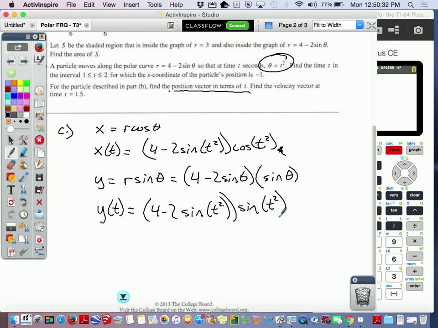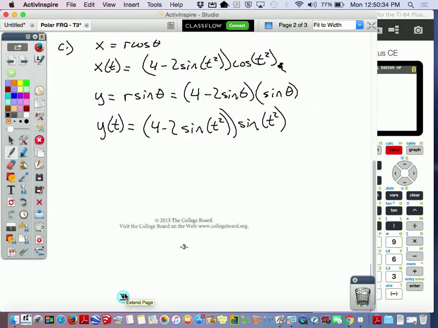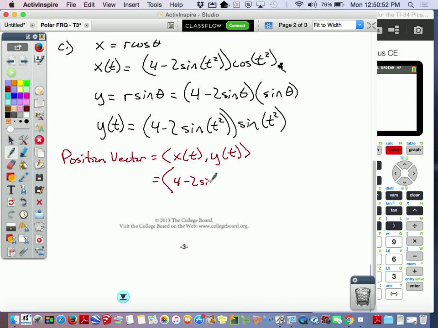So our position vector, we want x of t comma y of t. That position vector will be 4 minus 2 sine of t squared times cosine of t squared, comma, 4 minus 2 sine of t squared times sine of t squared.